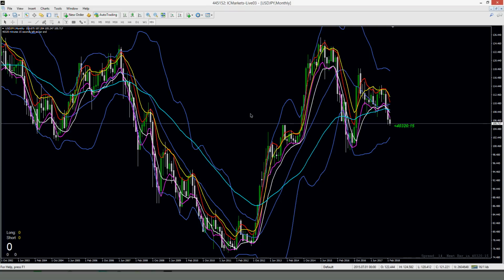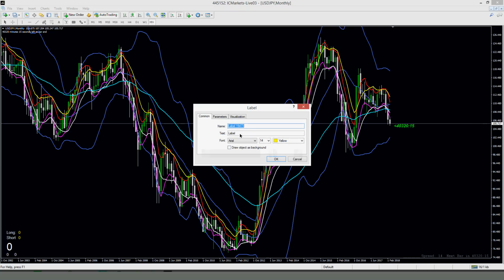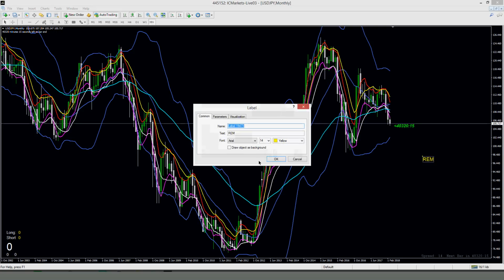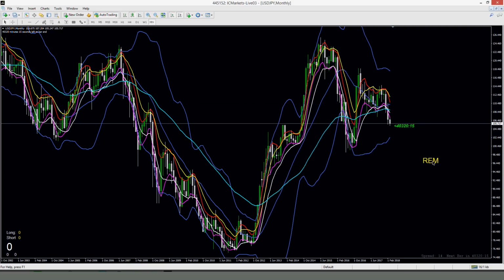For the sake of today, what I usually look for on a particular entry is REM, which is re-entry, extreme, and MSB. The re-entry should be at the higher time frame, extreme at the middle time frame, and the smaller time frame will be MSB. So there are two setups within this particular code.